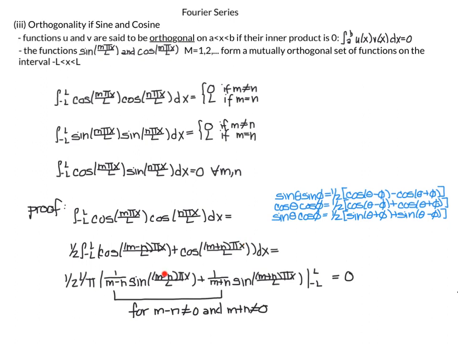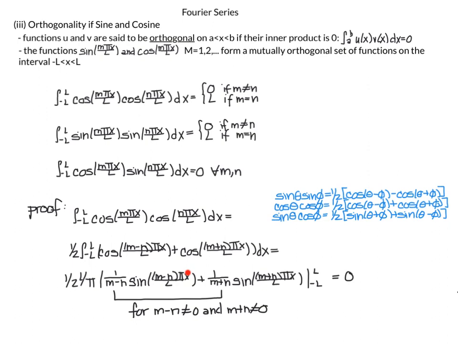We can then integrate and we'll get this 1 over (m minus n) sine of (m minus n) pi x over L plus 1 over (m plus n) sine of (m plus n) pi x over L.